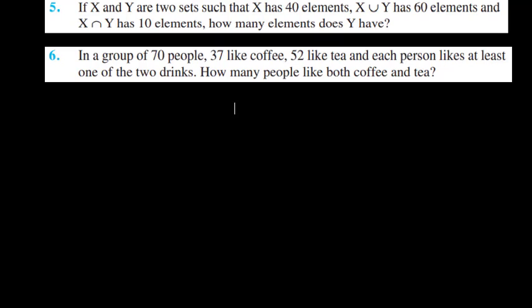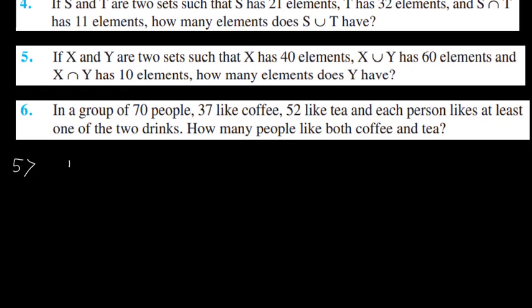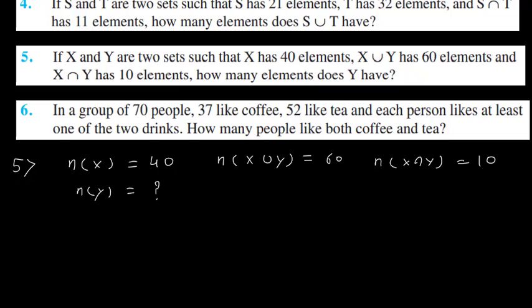For this problem, I have n of x as 40, n of x union y as 60, n of x intersection y as 10 and n of y we need to find. So n of x union y is n of x plus n of y minus n of x intersection y.